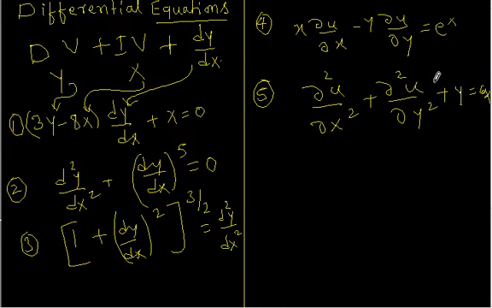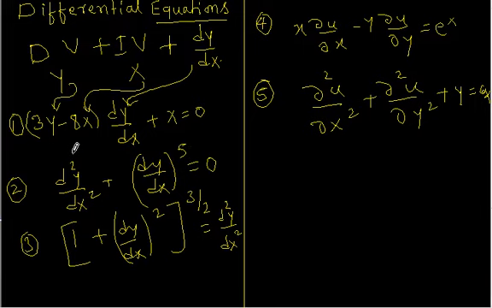By seeing these differential equations, we can recognize one thing. A differential equation can have the highest order derivative like d square y over dx square, d cube y over dx cube, like that. And the power of dy over dx can be 1, 2, 3, 5, like that.